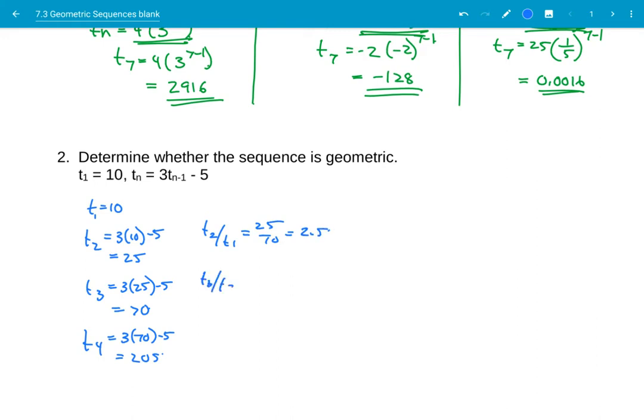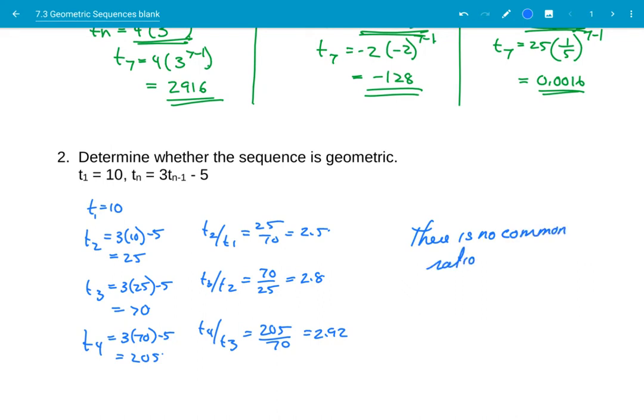T3 over T2 is 70 over 25, and that is 2.8. And T4 over T3 is 205 over 70, 2.92. There is no common ratio. So this sequence is not geometric.